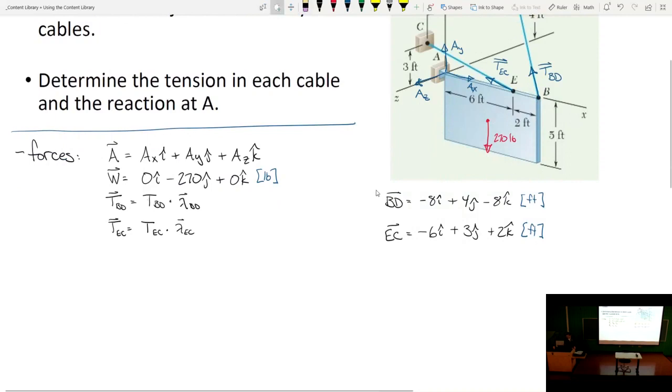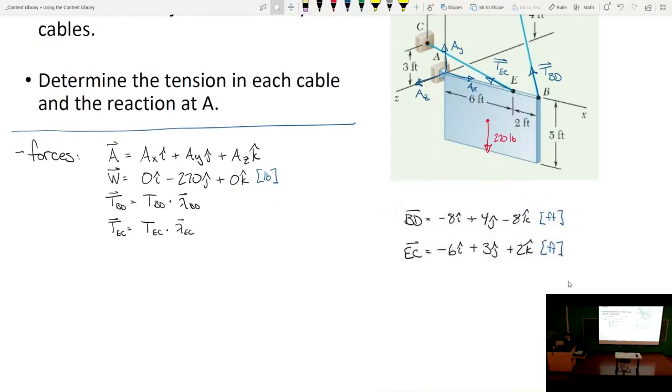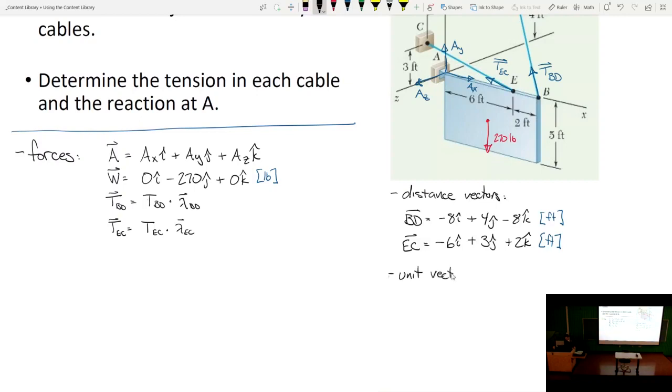So here I'll move these down a little bit. And we need magnitudes for each of these vectors.